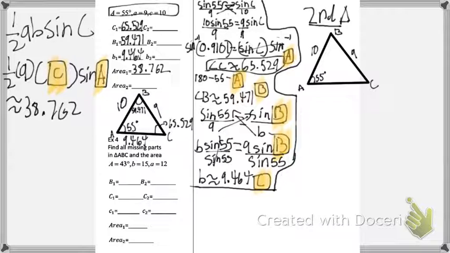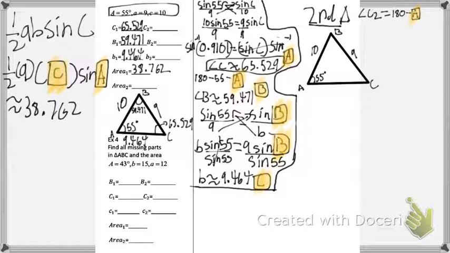Now to do the second triangle, to find angle C2, you subtract 180 minus C1. So you do angle C1, so 180 minus A. So let's highlight that.